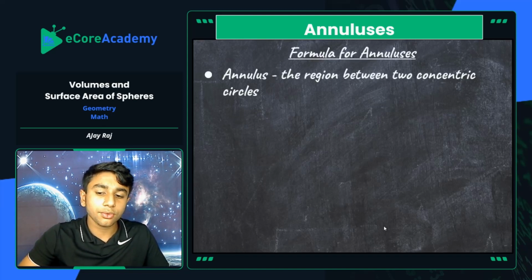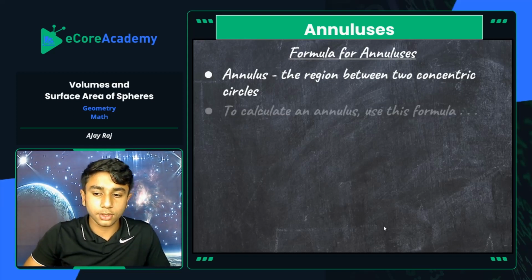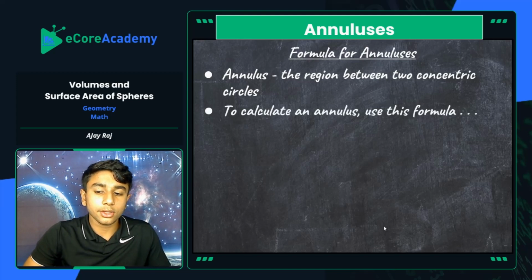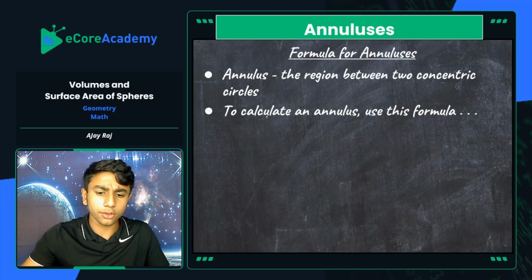So an annulus is the region between two concentric circles, and all that concentric circles is basically when you take a singular circle and you wrap another circle around it. That's all it is. That's what concentric circles are. And to calculate an annulus, you use this formula. And all the formula is basically you're utilizing your area formula.